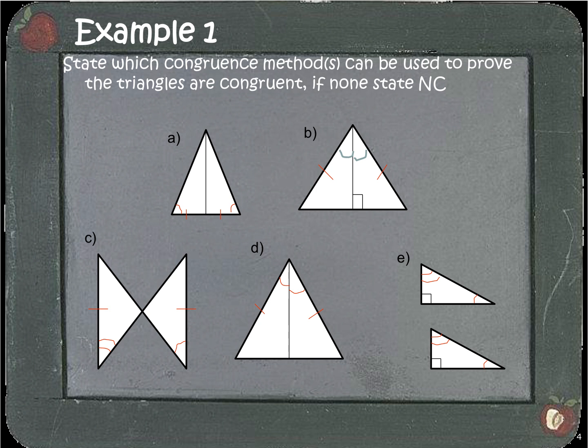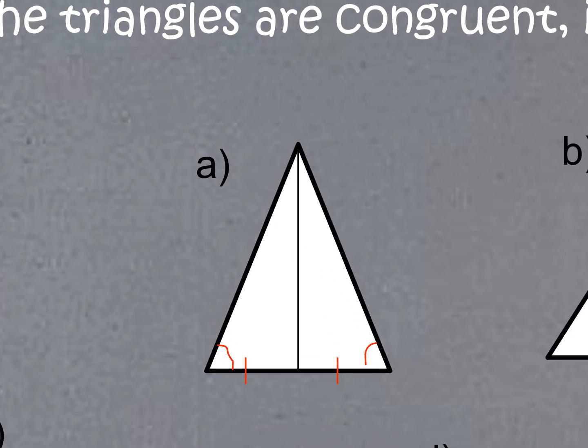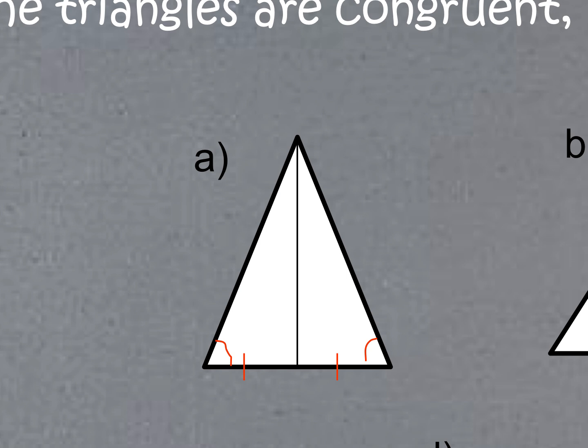Example number 1 says, state which congruence method or methods can be used to prove that the triangles are congruent. If none, state NC. Remember, we're trying to find side, angle, side. So looking at A, we stated this last class. If they are sharing a side, then that side is going to be congruent.